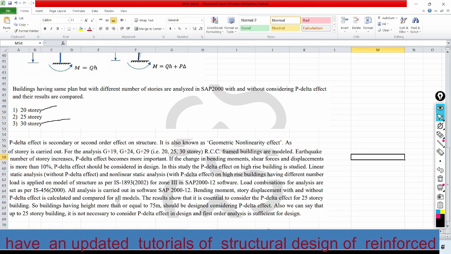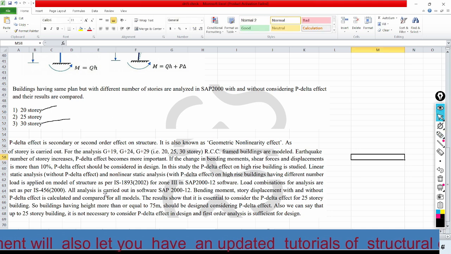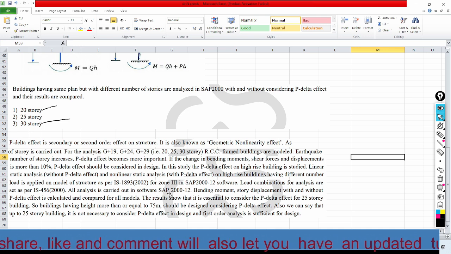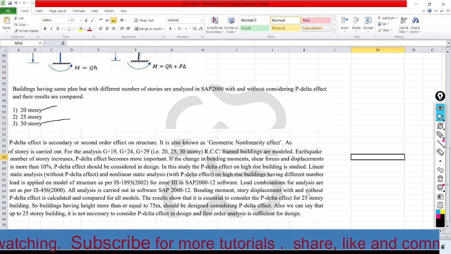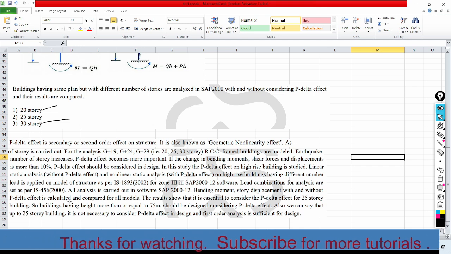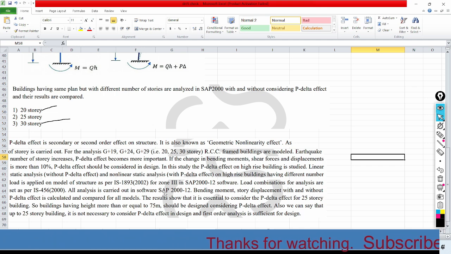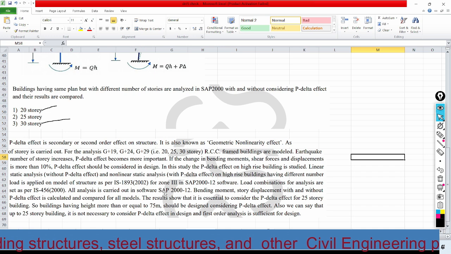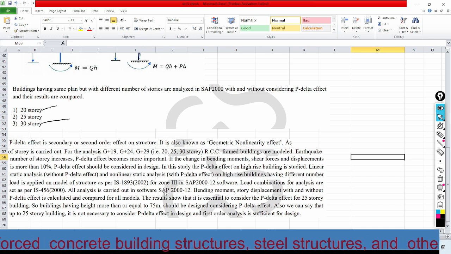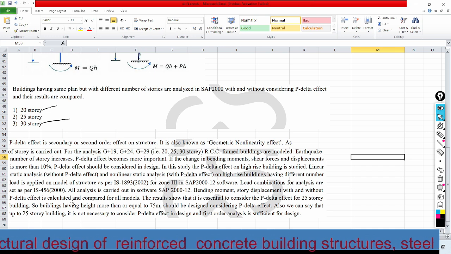Here all analysis is carried out in SAP 2000 software. Bending moment and story displacement with and without P delta effect are calculated. That means two models were prepared. The first model considers the P delta effect, and the second one excludes the P delta effect.